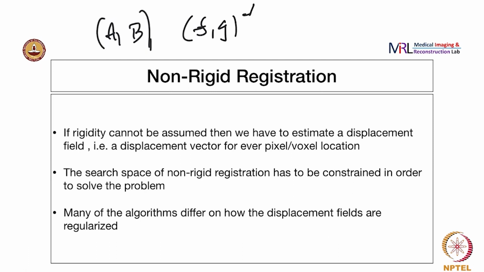So these are pairs of images. One you would consider as the moving image, typically G, and the other one you would consider as the fixed image, and all of them can be treated as either 2D or 3D images. In fact, both techniques we are going to see work on 3D images as well.